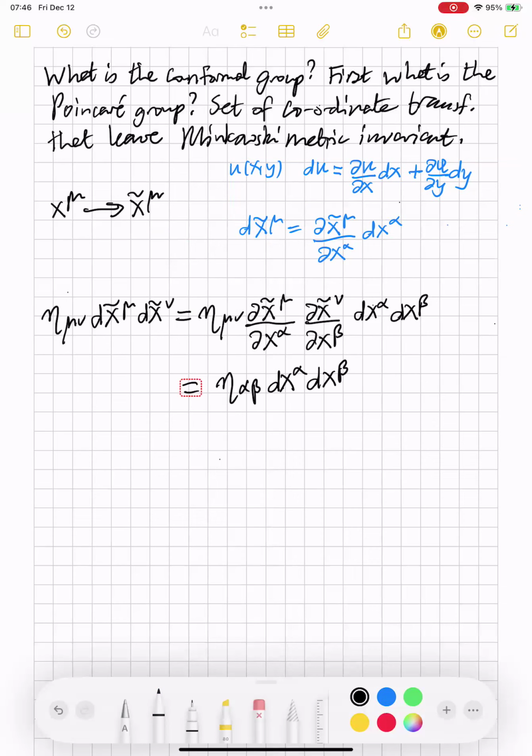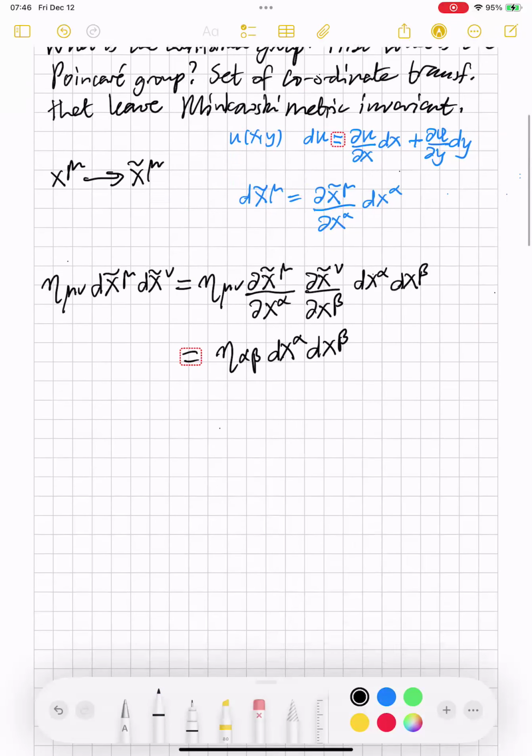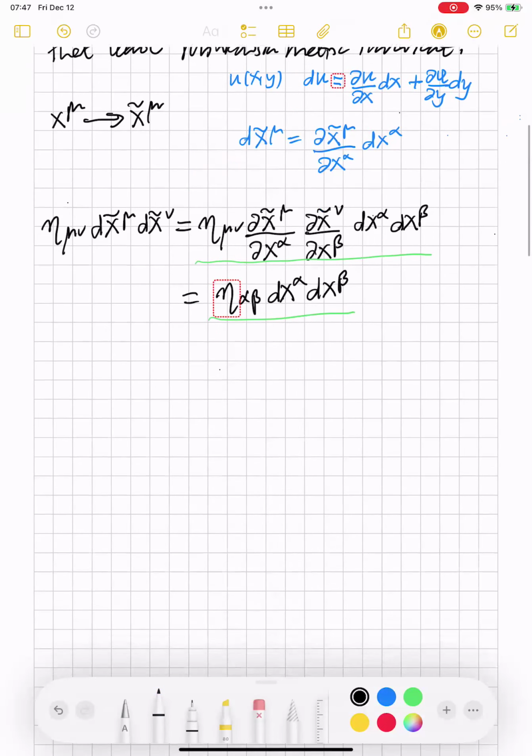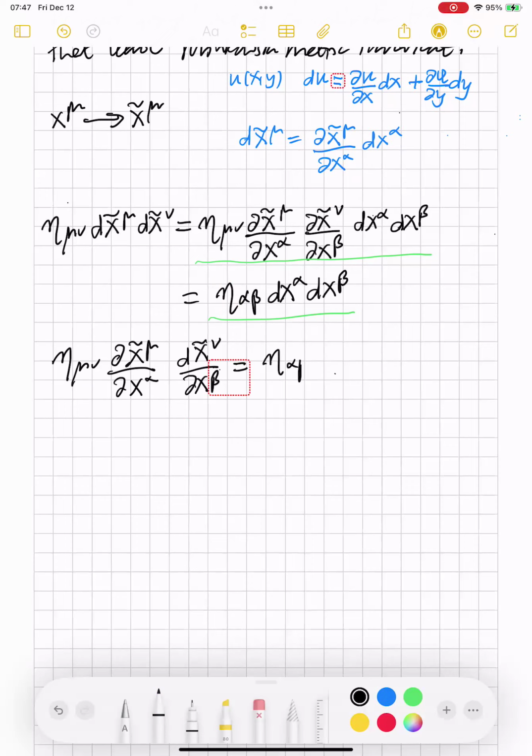Now, this is nice because we immediately get an equation. These dx^alphas and dx^betas, I can choose them as I want. So if I want this line to be equal to this line, I really have to require that eta_{mu nu} (dx tilde^mu/dx^alpha)(dx tilde^nu/dx^beta), the coefficient of dx^alpha dx^beta, is equal to eta_{alpha beta}.